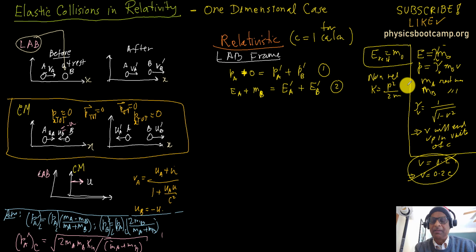In relativistic, this is not the case. You have E squared equals p squared plus m squared. There used to be c squared here and c to the power 4, but we have set c equals 1, so we won't use them for the sake of simplicity.